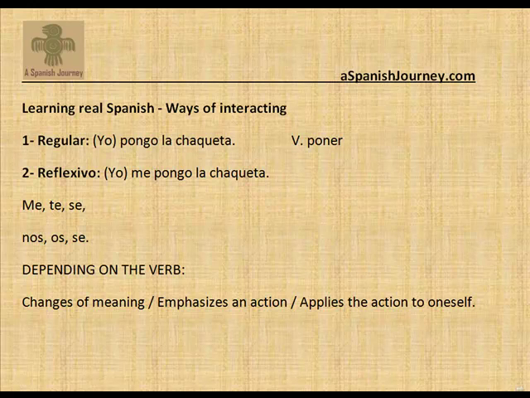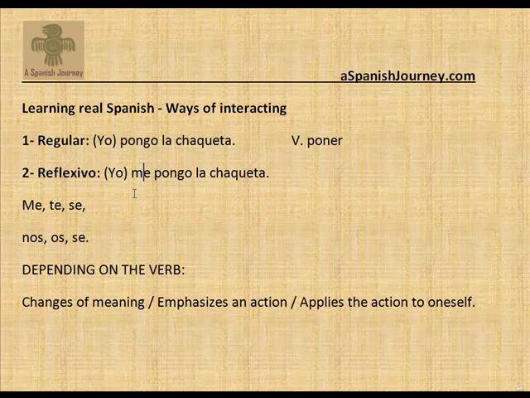To put is different than to put on, okay? In this case, I'm putting onto me the jacket. So this will apply the action to oneself. Commonly used with many verbs is to say the reflexive pronoun to apply the action to oneself.